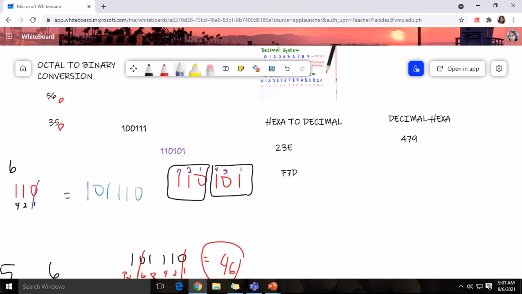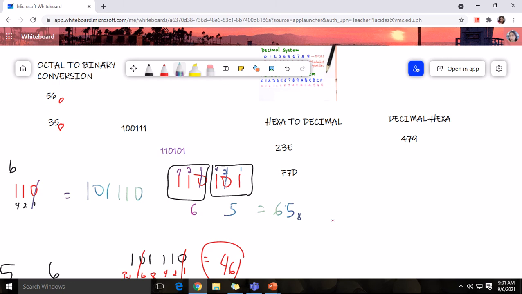This one has no value. So 4 plus 1 is 5. And then no value for this one. So 4 plus 2 is 6. So the octal number is 65, based on the groups of 3.